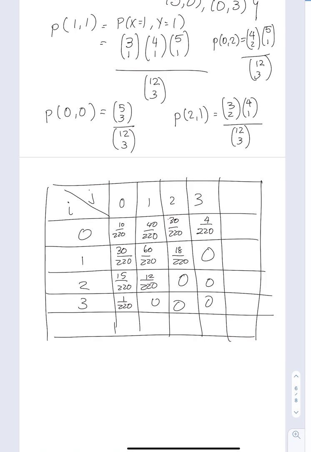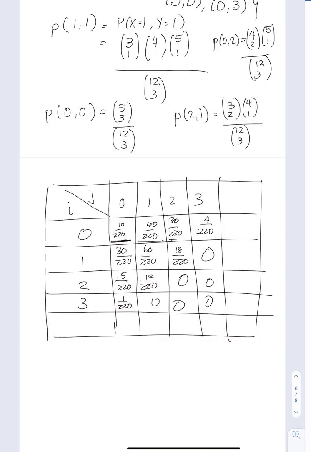All right. Okay, now take a look at this row, the first row. The first entry over here is the probability you pick 0 red and 0 white. The second entry is the probability of picking 0 red and 1 white.